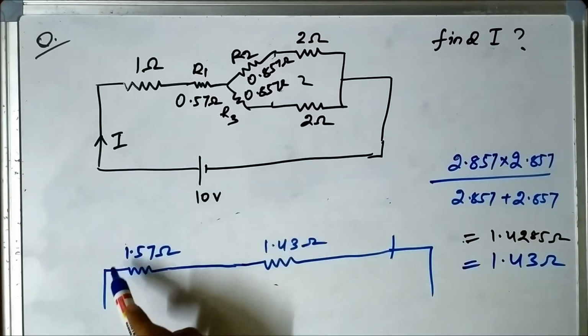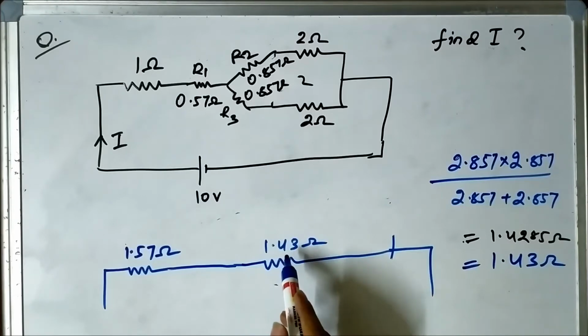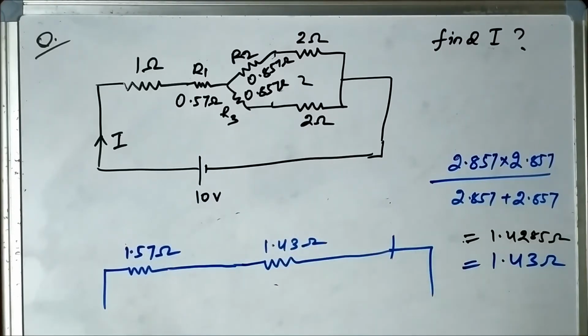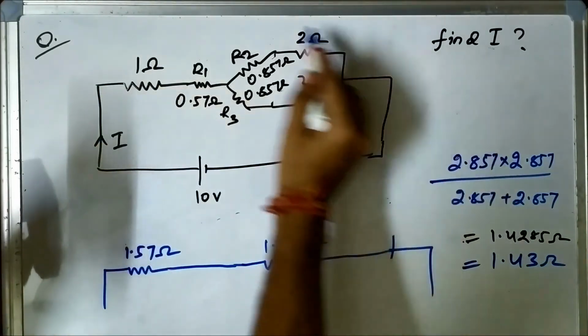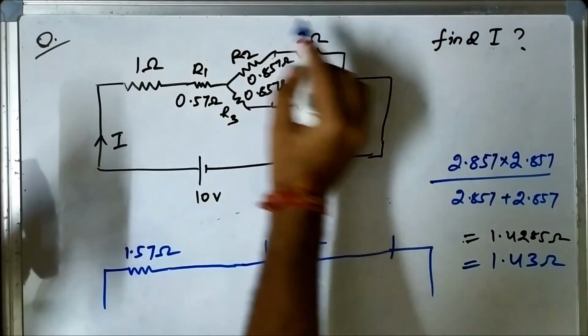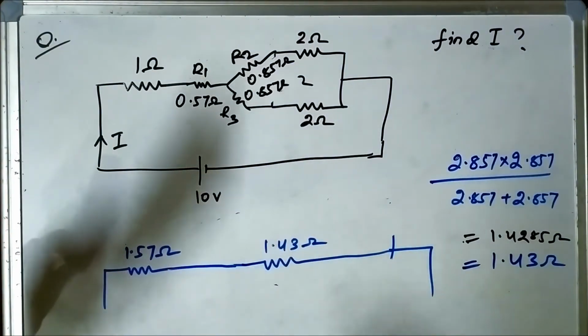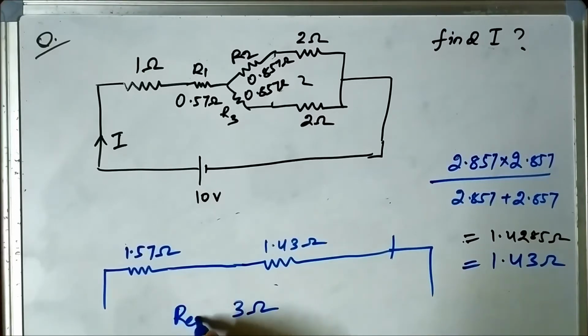Now this 1.57 ohm and this 1.43 ohm are connected in series. So the equivalent resistance of this whole combination will be the addition of these two resistance values, which is 3 ohm. The total equivalent resistance is equal to 3 ohm.